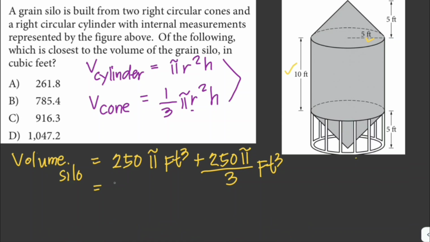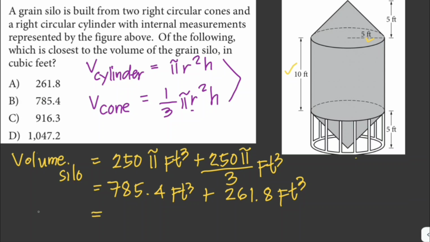So this is just equal to 785.4 cubic feet plus 261.8 cubic feet. So we get the volume of the silo. The grain silo is equivalent to 1047.2 cubic feet.